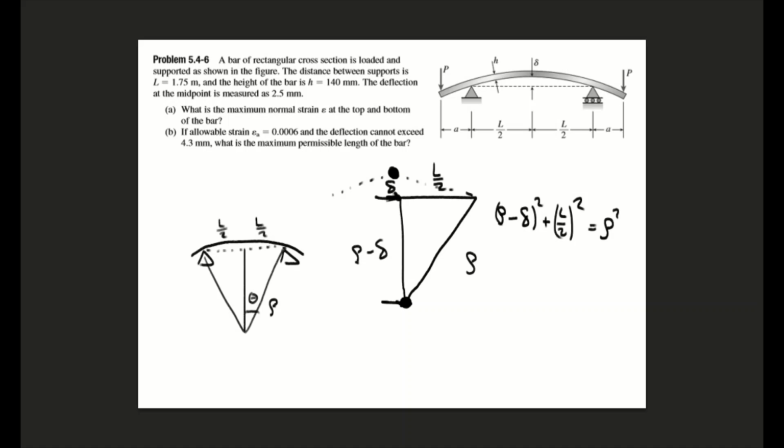So if we expand this out, we're going to get rho squared minus 2 rho sigma plus sigma squared plus L squared over 4 is equal to rho squared. It's a bit squished, but hopefully that's clear for you guys. Okay, so we can see that the rho squared terms cancel out, which is really good, because then the only thing we have left is the negative 2 rho sigma.